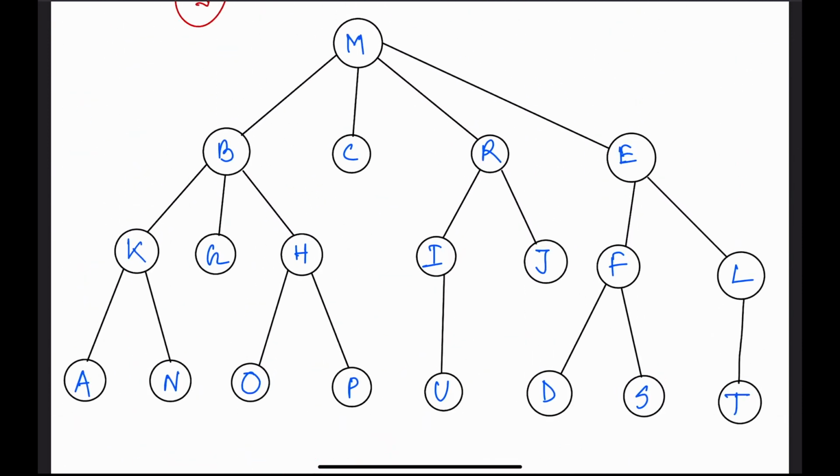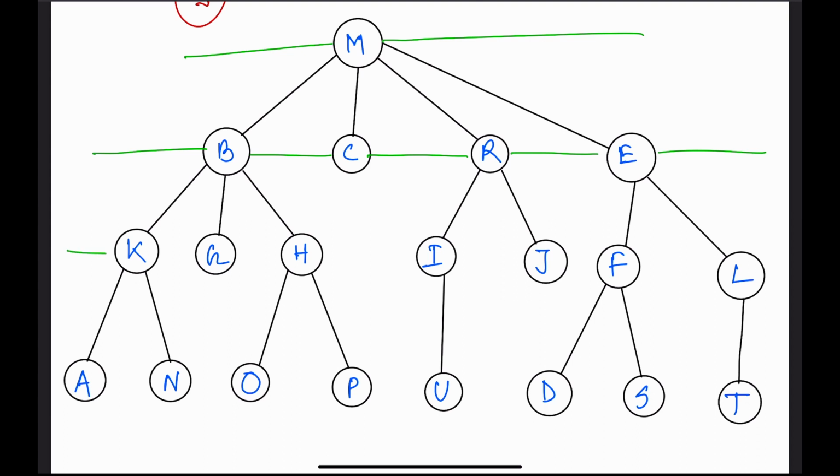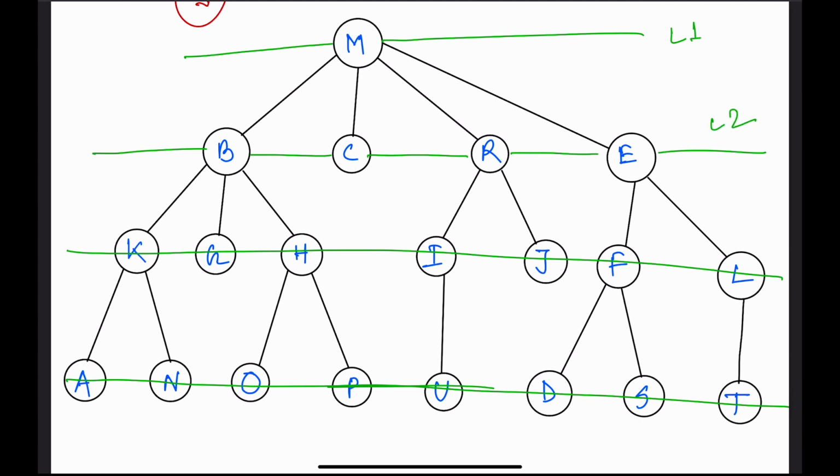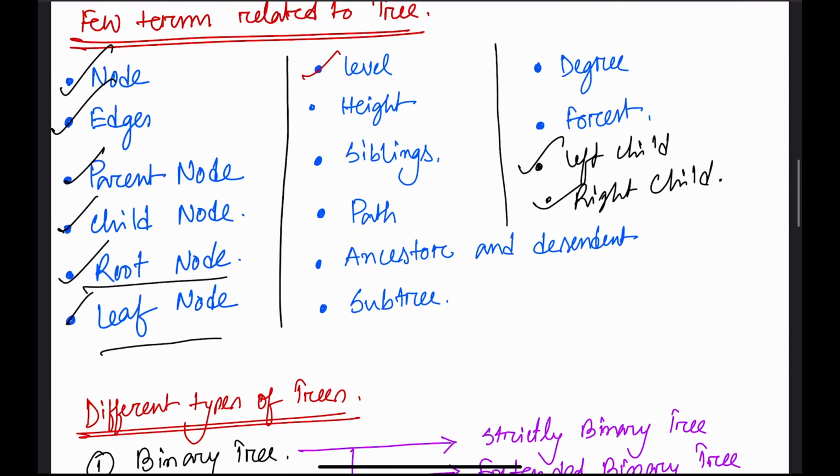For example, this is one level, this is another level, this is another level, and this is another level. These are called levels. Now this is level 1, this is level 2, this is level 3, and this is level 4.